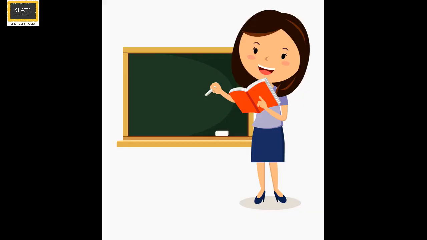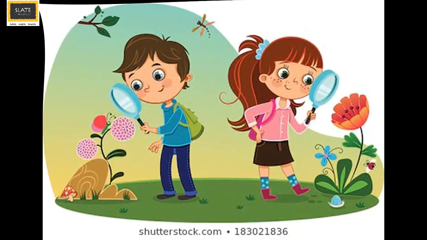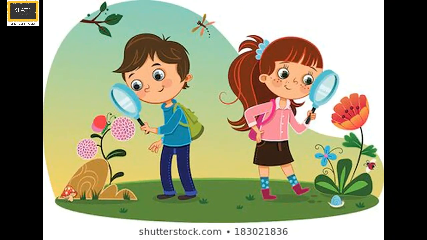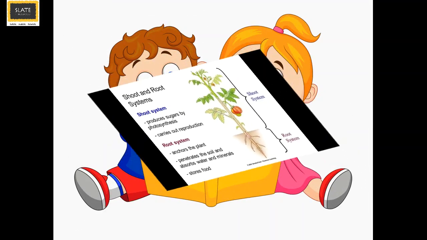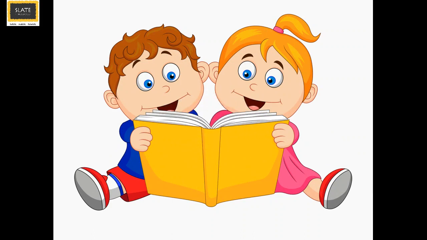Now, Slaters, you all must have observed that some parts of a plant are above the ground, while some parts are below the ground. The part below the ground is called the root, and the part above the ground is called the shoot. Let's read about this from the textbook.